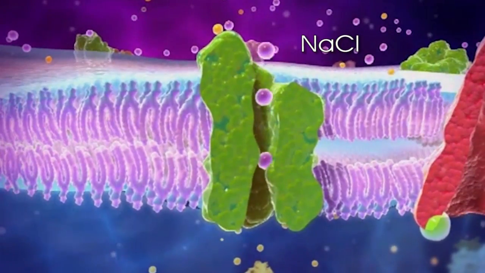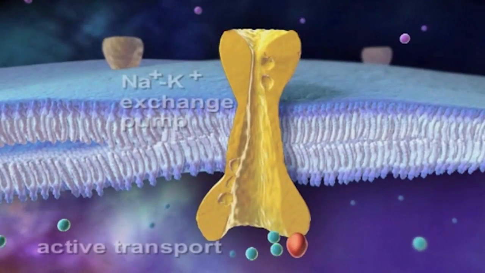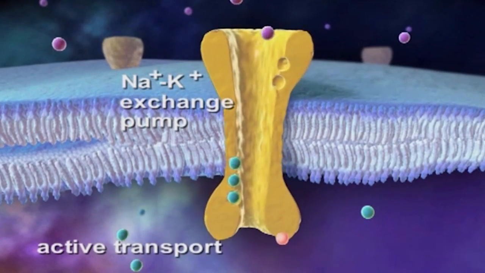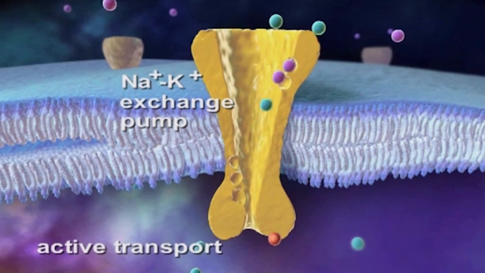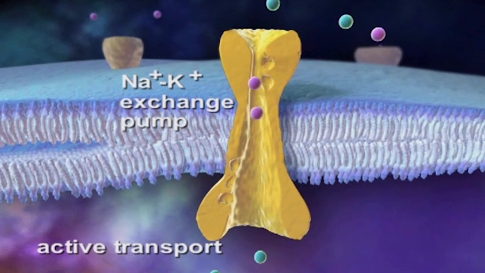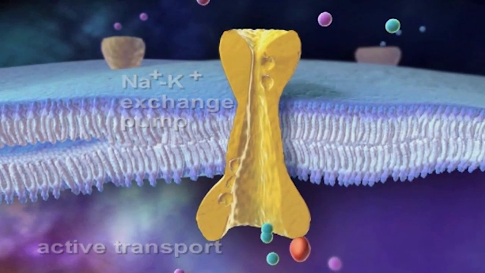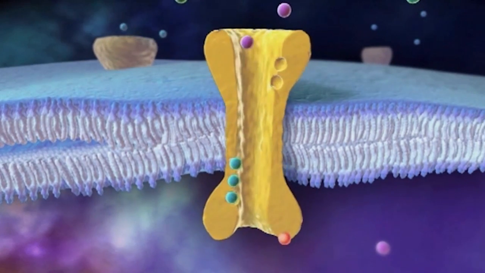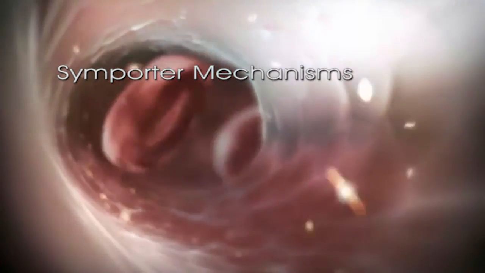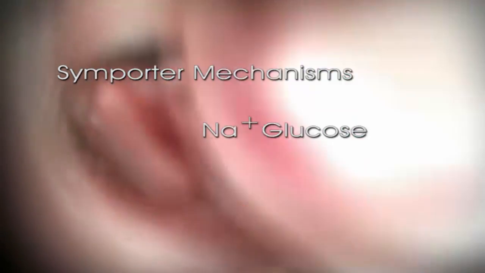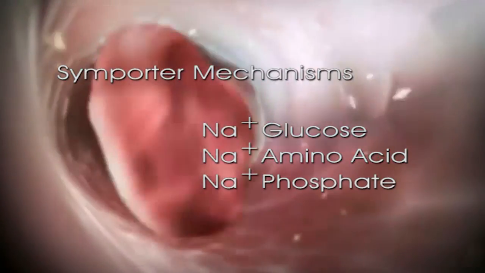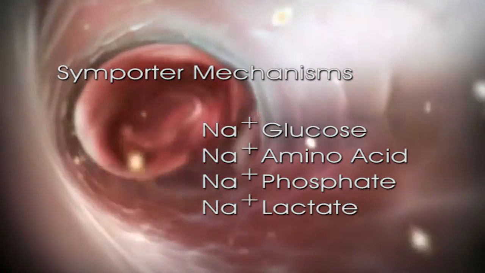The key element in proximal tubule reabsorption is the sodium-potassium ATPase pump. The reabsorption of every substance, including water, is linked to the operation of the sodium-potassium ATPase pump. Sodium also enters proximal tubule cells by several symporter mechanisms, including sodium glucose, sodium amino acid, sodium organic phosphates, and sodium lactate.